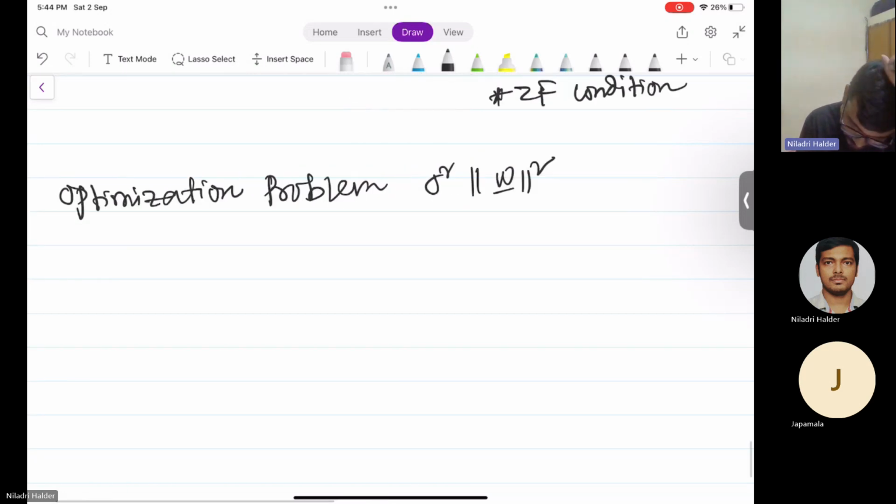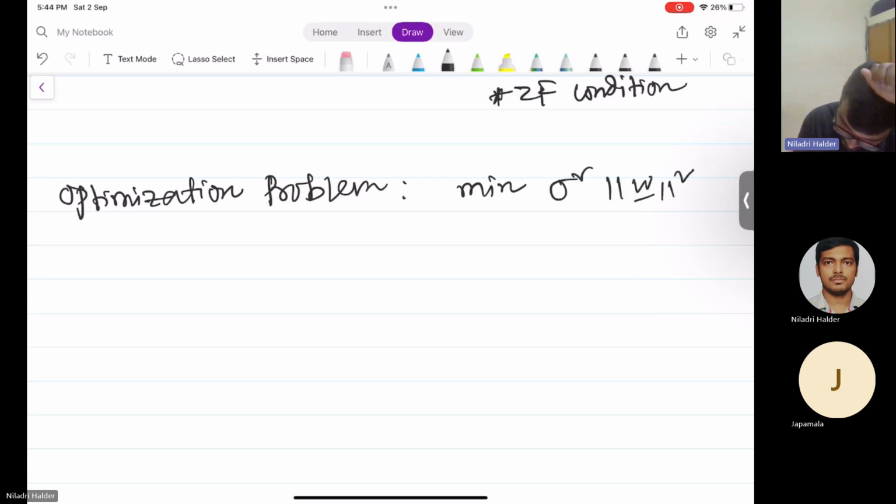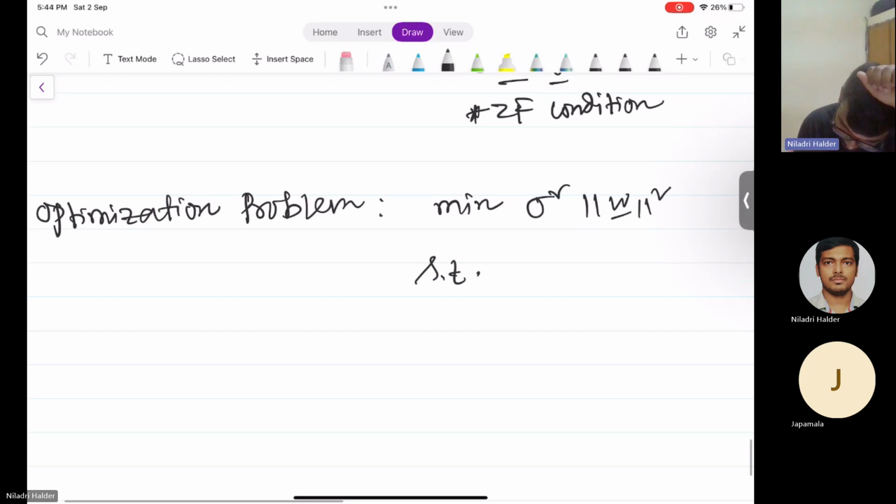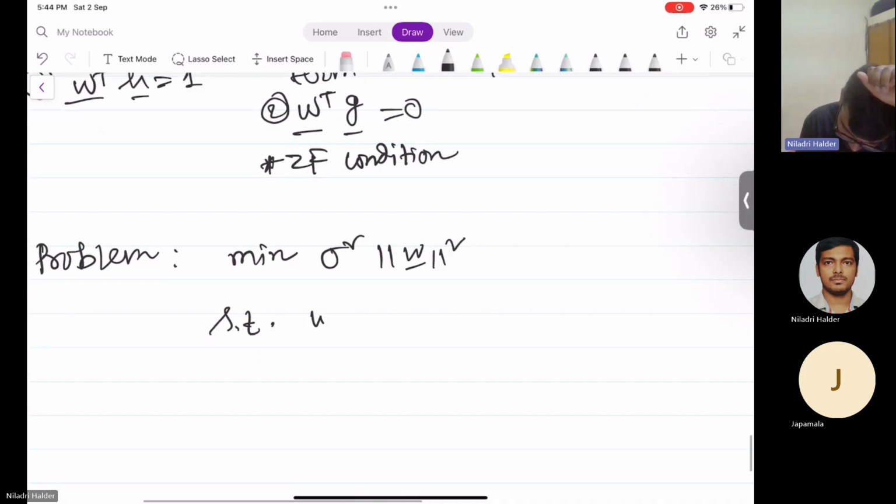So minimize sigma square norm of W square subject to these two constraints: one is W transpose H equals 1 and W transpose G equals 0.